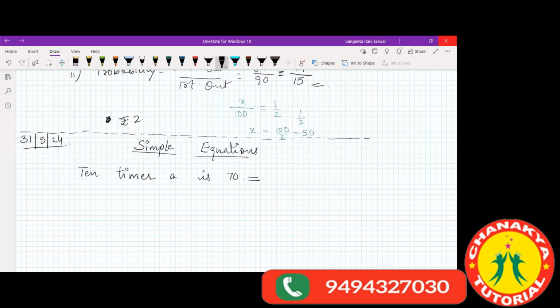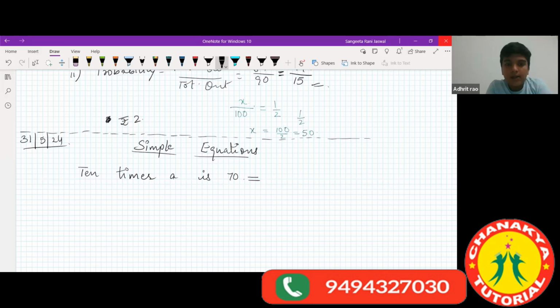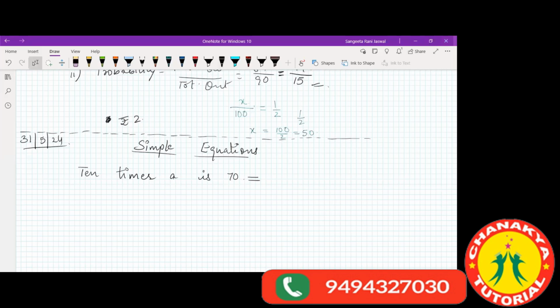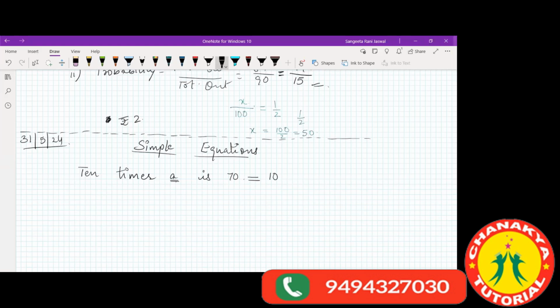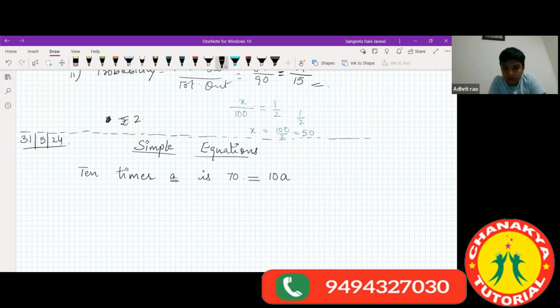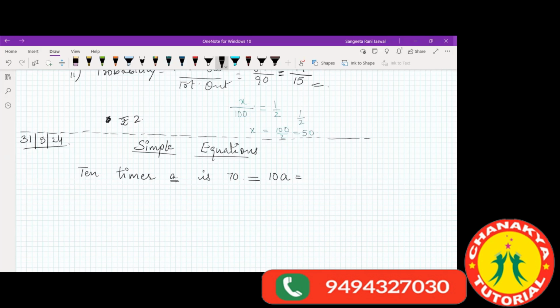You have done such type of questions in class 6. That's why I asked you this. Ma'am, I cannot understand, 10 times what? 10 times A. A is any variable. 10 times A, you can write 10 into A. So 10 times A is 70, and your algebraic expression is this.